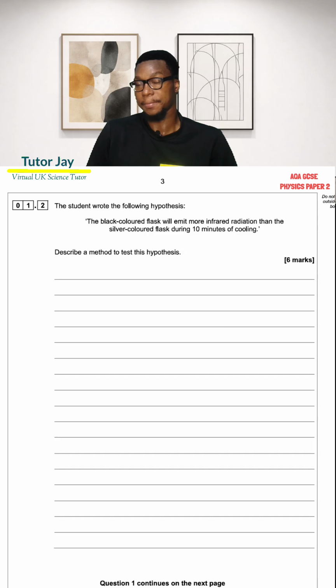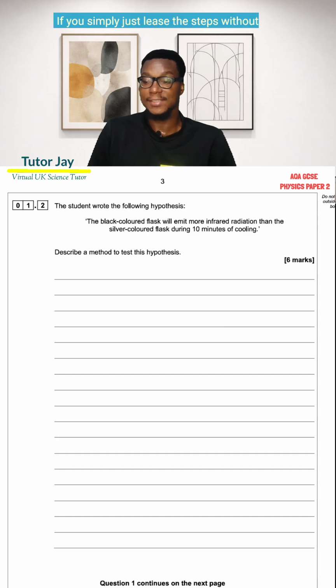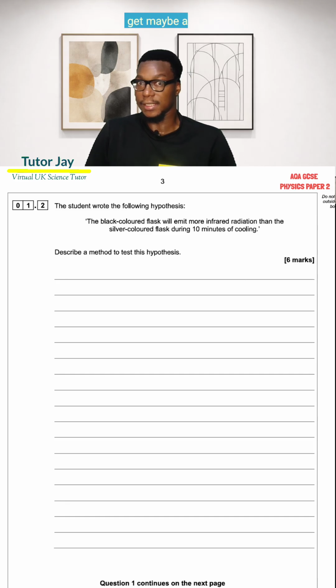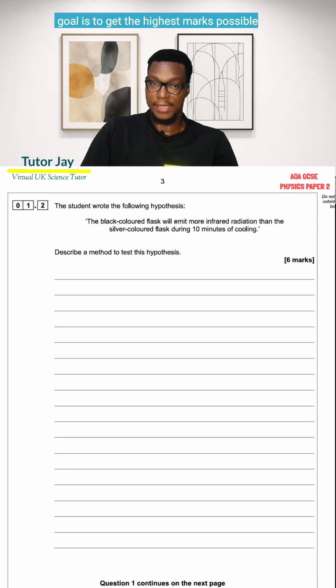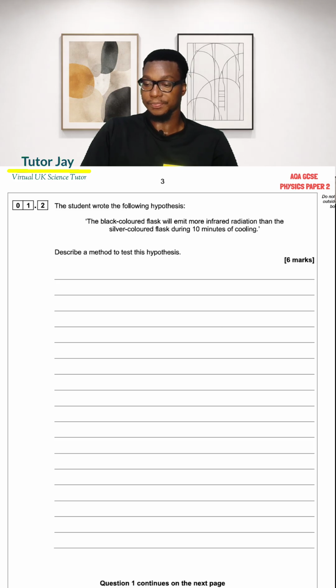Then you compare. If you simply just list the steps without showing logical order, you're just going to get maybe a level 1 or a level 2 answer. But that's not the goal. The goal is to get the highest marks possible.